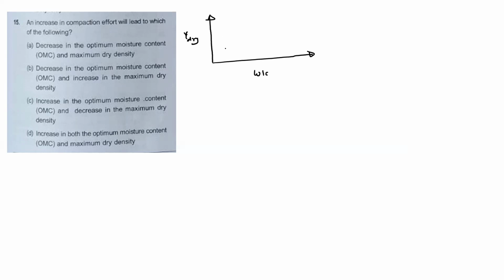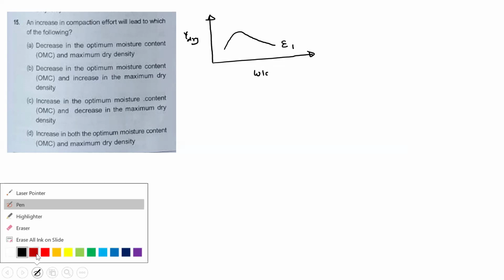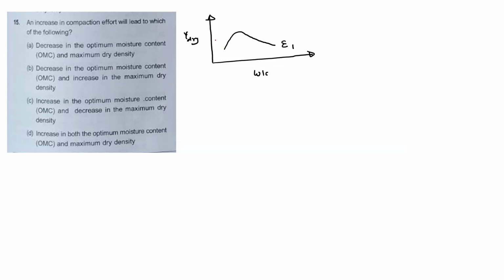This curve, I'm drawing this curve for compaction effort E1 in this case. And for this one, it has larger compaction effort, then the graph will look like this. This is E2 compaction effort and E2 is greater than E1.